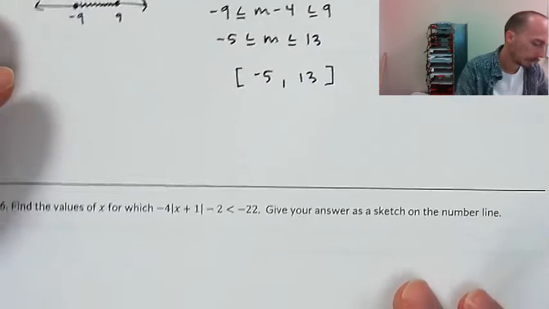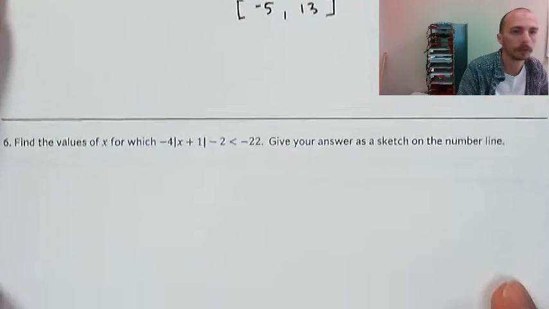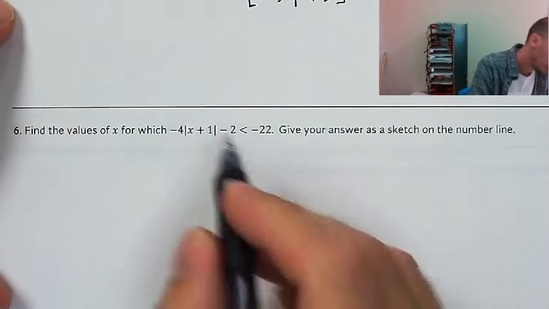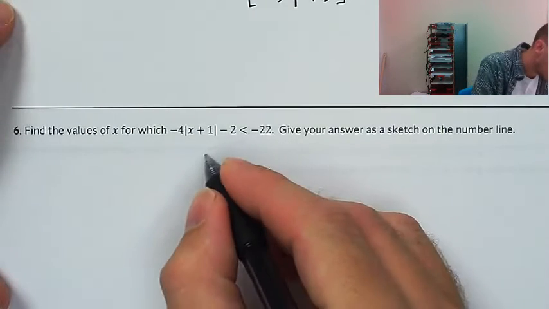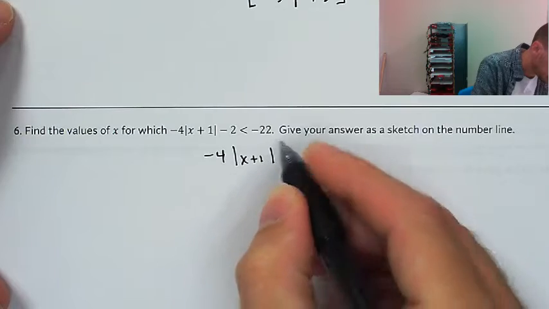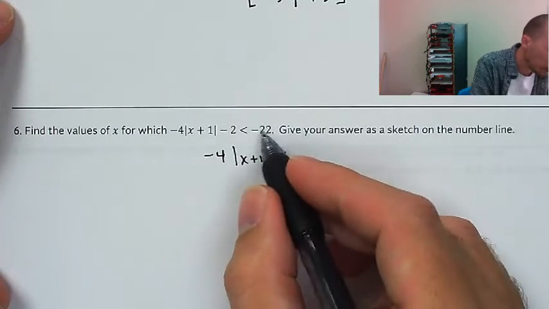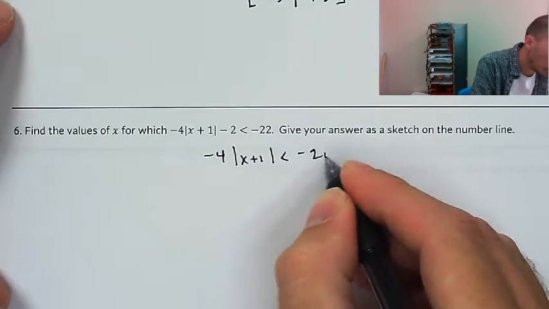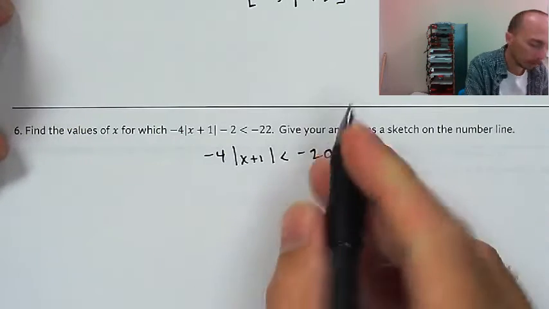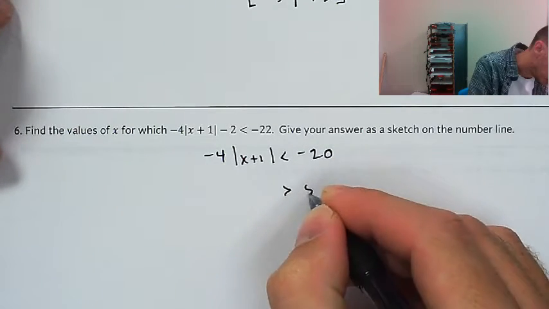All right, number 6. Find the values of x to make this inequality true, and then we're going to give our answer as a sketch on the number line. Okay, so I'm going to start by adding 2 to both sides. Negative 22 plus 2 more would be negative 20. And then I'm going to divide both sides by negative 4, which will switch the direction of my inequality.